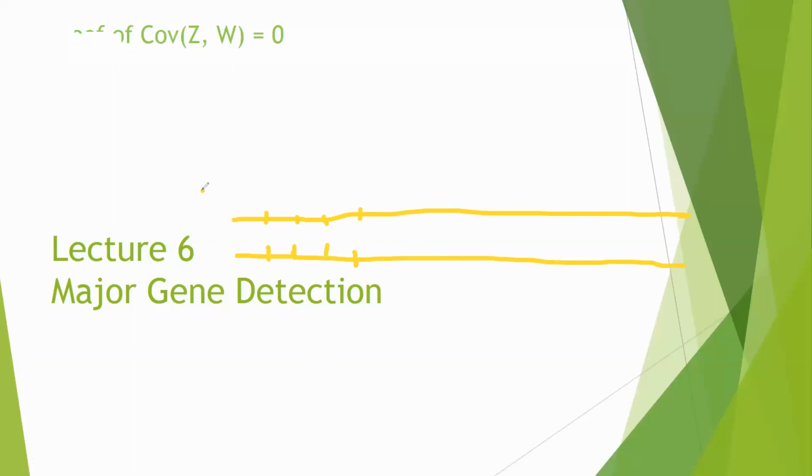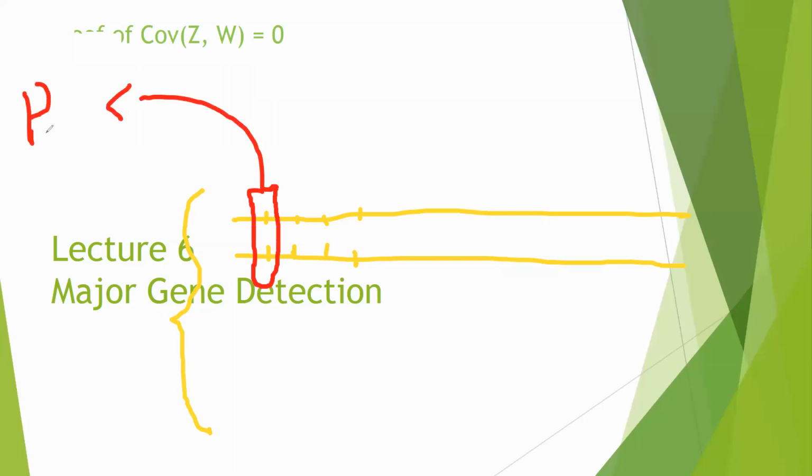And for the whole population, or for a big sample, based on the data from the sample, you can easily test, using what we have learned, if there's a significant association between this locus and the phenotype of interest. So first, you can do the test to test whether this locus is associated with the phenotype.